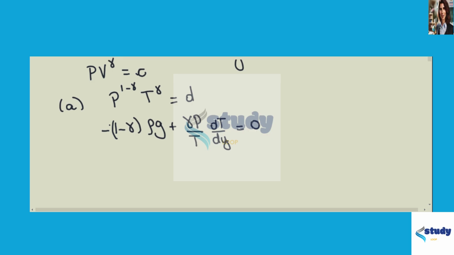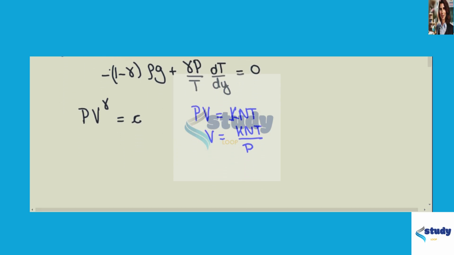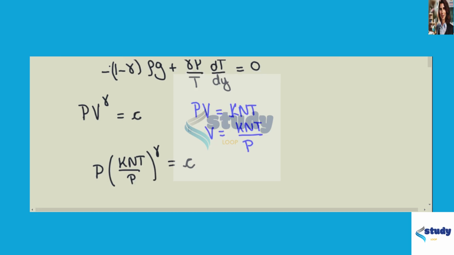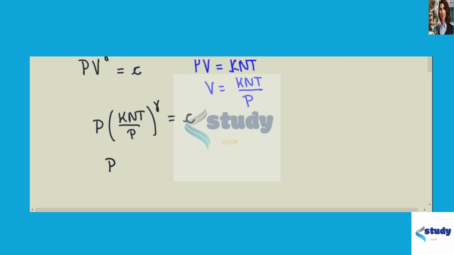So what I'm going to do is to start with the adiabatic equation. Then I'm going to use the ideal gas law to isolate V. So I have that V is K n T over P. Then P times V, where V is K n T over P, to the gamma is equal to C. Then P to the 1 minus gamma times T to the gamma is equal to C divided by (K n) to the gamma.